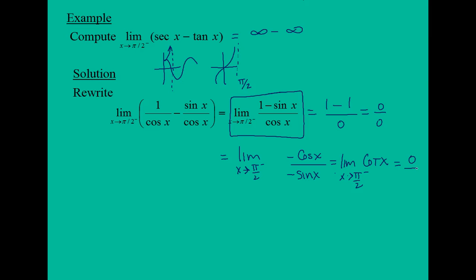And then the limit of the sine of x as x approaches pi by 2 would just give us negative 1. So this equals 0. So we have found our limit: the limit of the secant of x minus tangent of x as x approaches pi by 2 from the left equals 0.